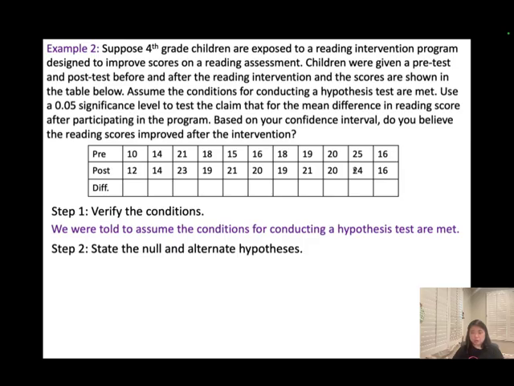Then state the null and alternate hypothesis. But before that, state the mean 1 and then the mean 2. So the mean 1, I'm gonna put the pre-test. Mean 2, that will be the post-test. And then the mean of the difference.